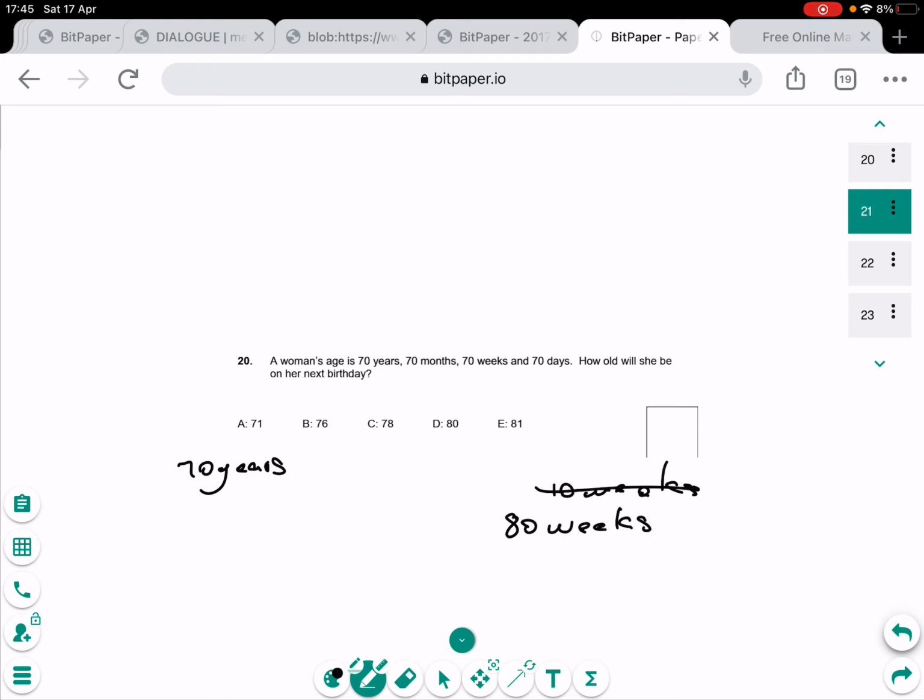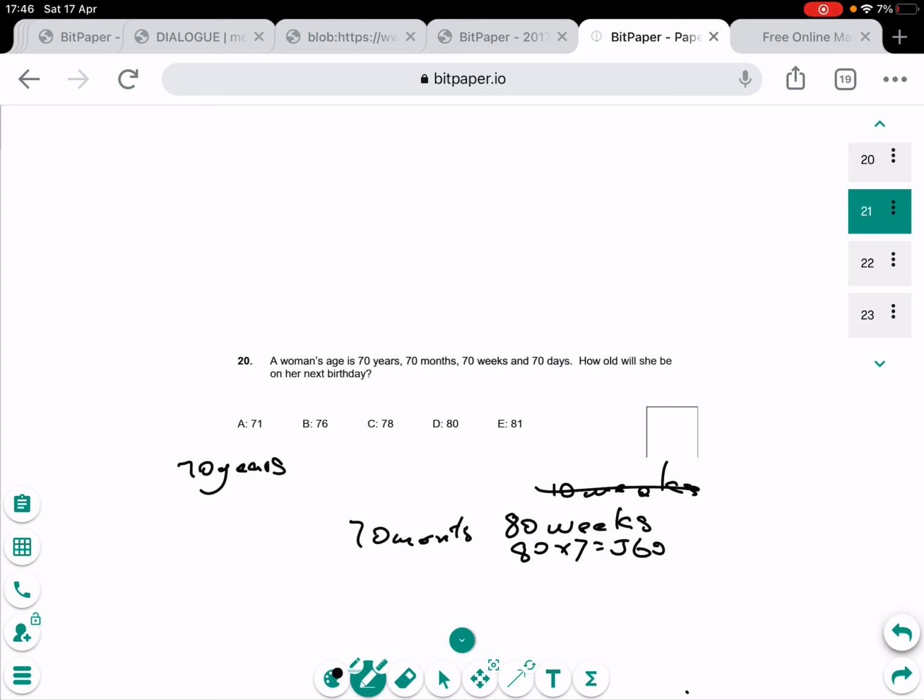So there would be 80 weeks in total and 70 months. Then I convert the weeks into days. 80 times 7 equals 560.